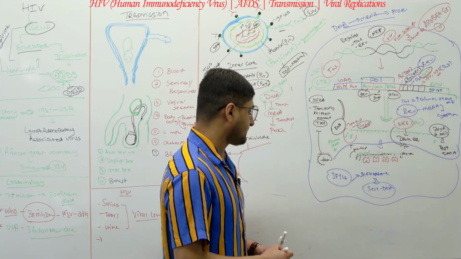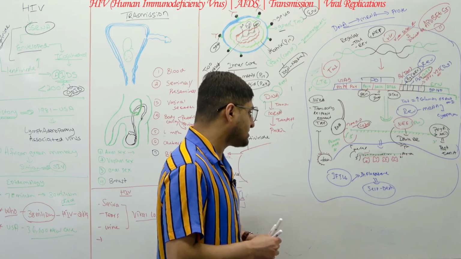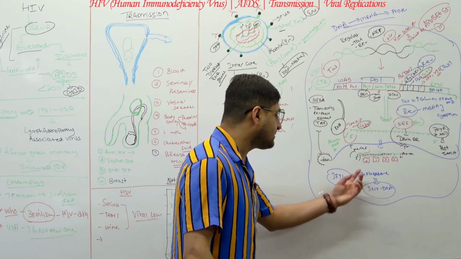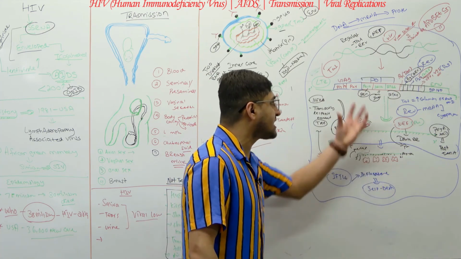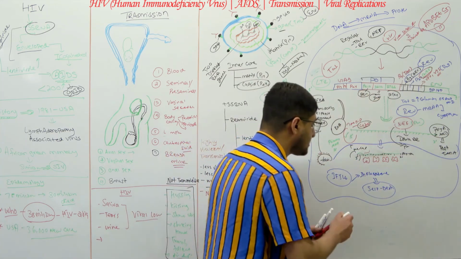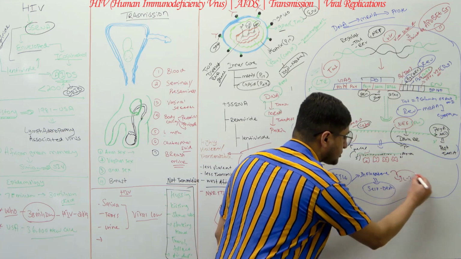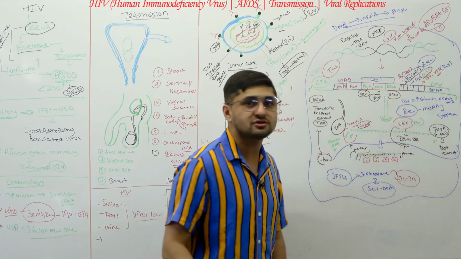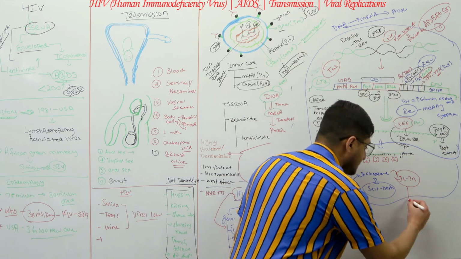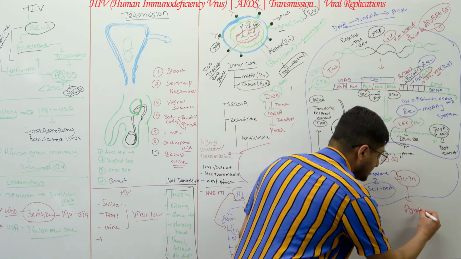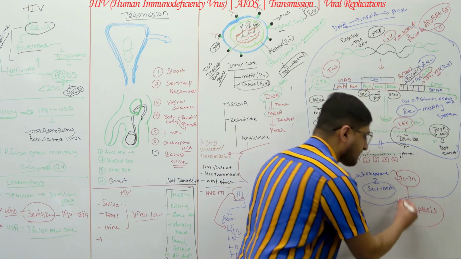Which means that because these cells triggered inflammasomes, they produce a lot of interleukin, like interleukin 1 beta, right? That's what they produce. And basically that results in something called pyroptosis. What does pyroptosis mean?